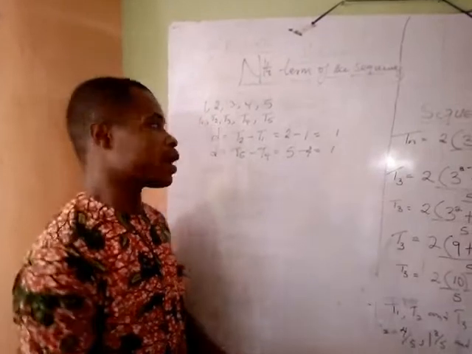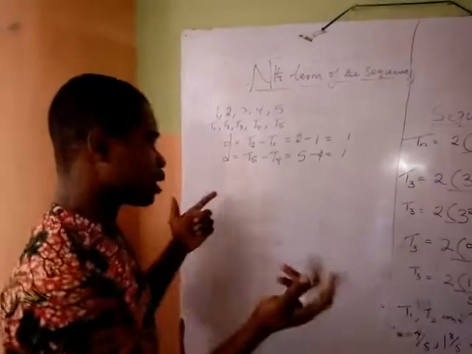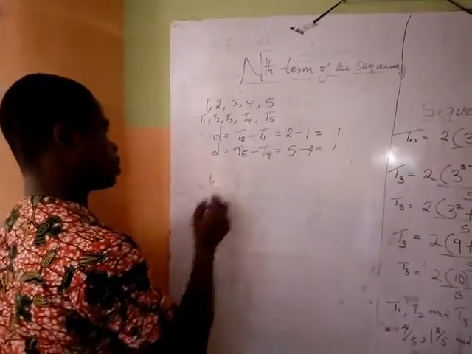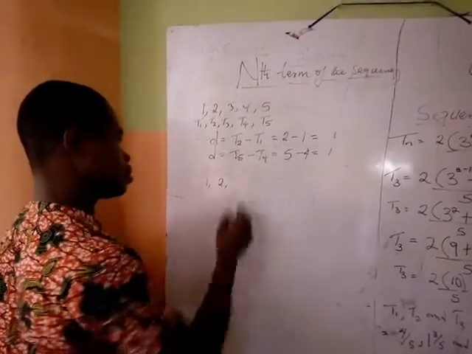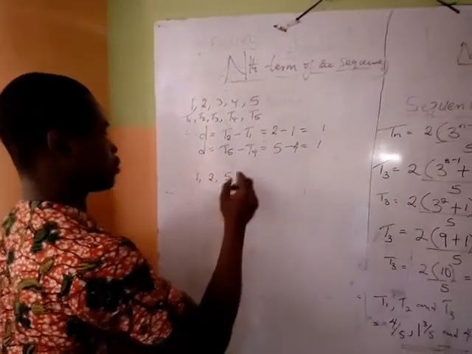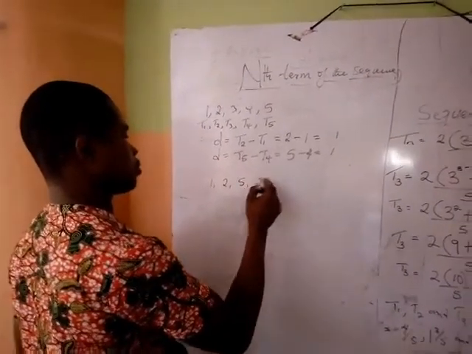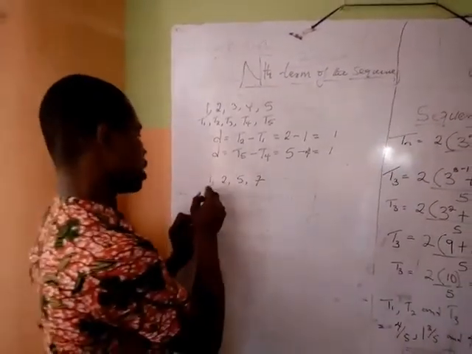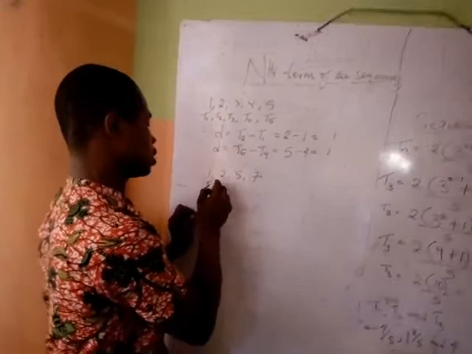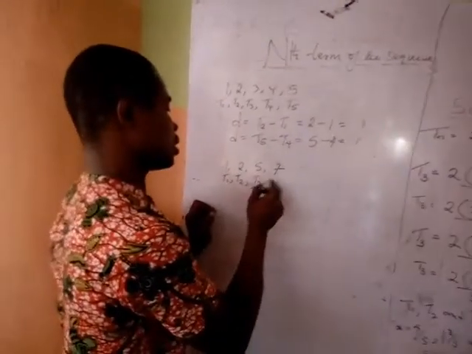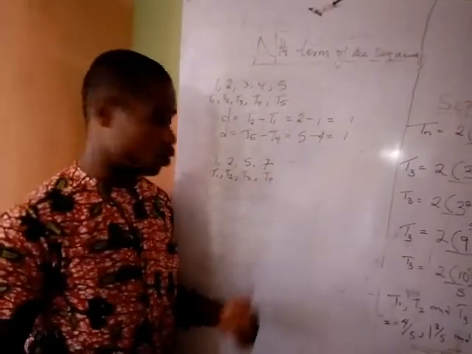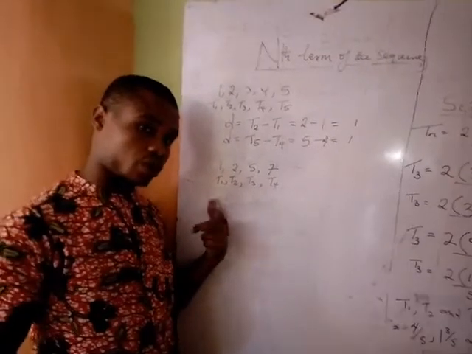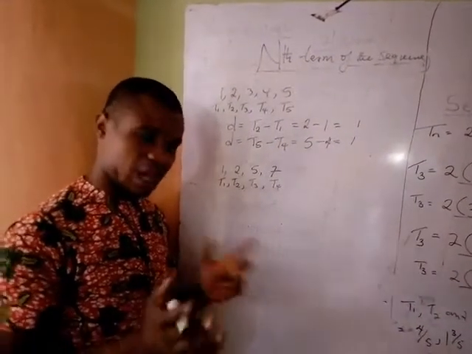For a situation whereby I have a sequence in the form 1, 2, 5, 7, having this particular sequence, here I have my T1, my T2, T3, and my T4. From this approach, we discover that the differences are not the same.